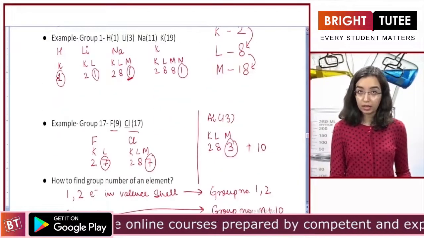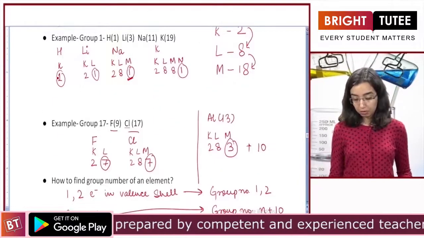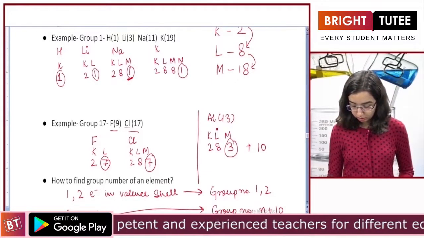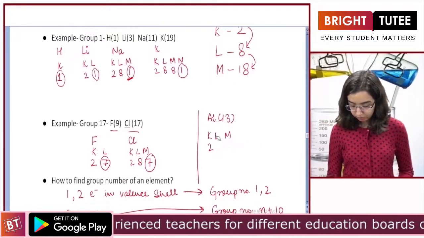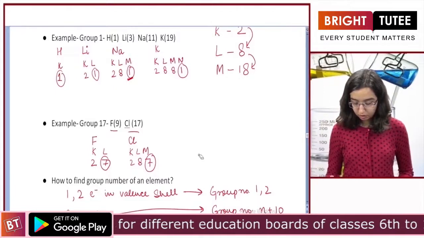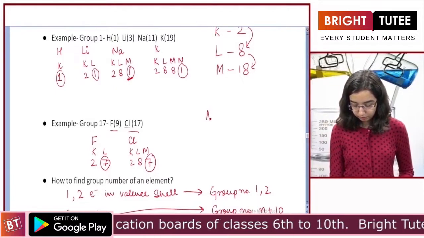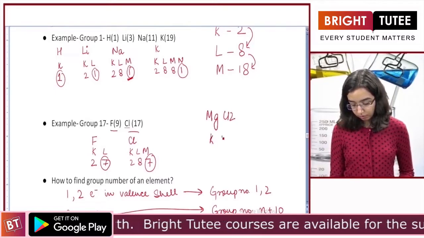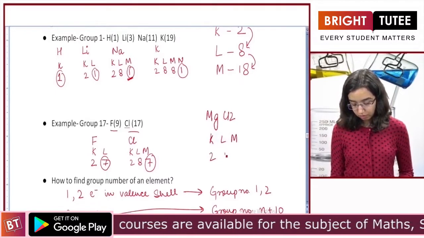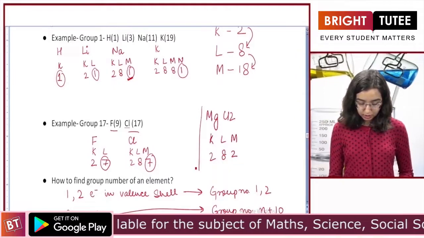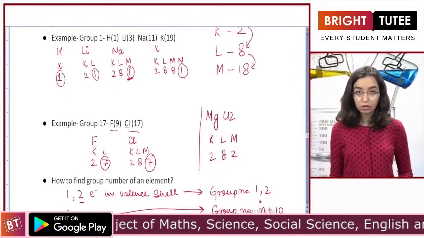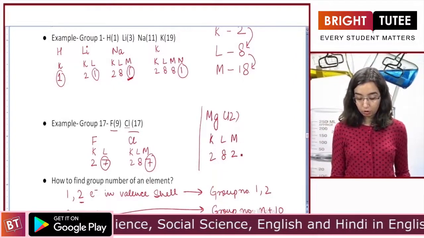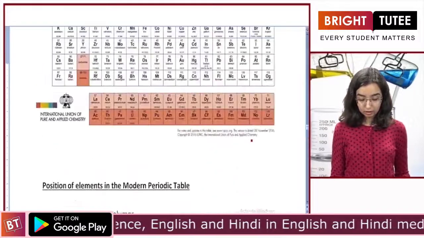If we had taken magnesium, we would get a configuration of 2, 8, 2. Because even if it's 2, you still go with the group number 2, so magnesium should be in group 2. So let's see.